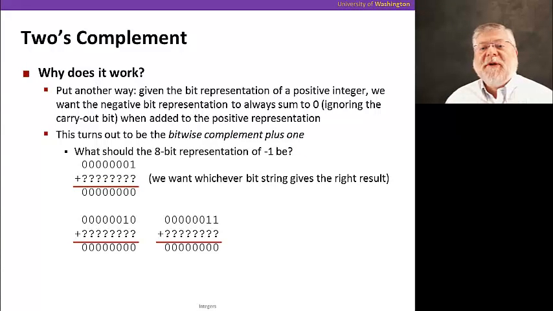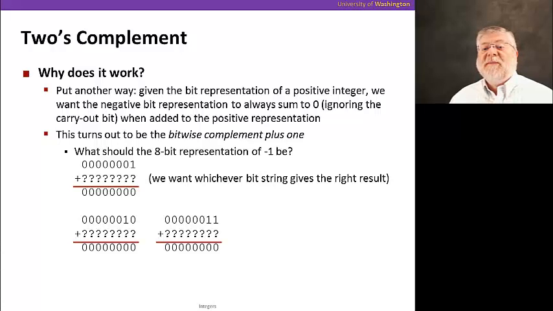Why does 2's complement notation work out so well? Well, let's try to look at it a different way. Whenever we have a positive integer, we would like the negative number representation of that same integer to always add up to 0 if we sum it with the positive version. So let's take a look at the numbers 0, 0, 0, 0, 1. What do we have to add to that in order to get all zeros, right?